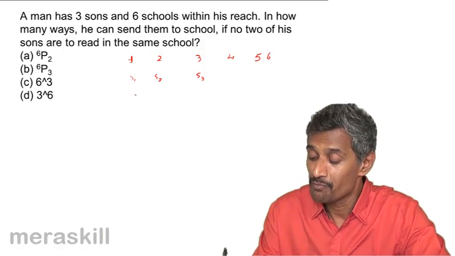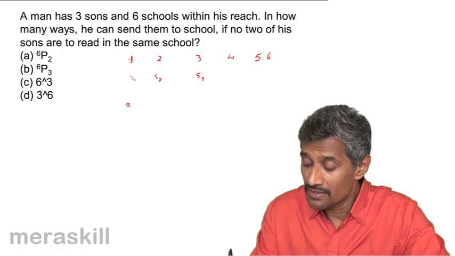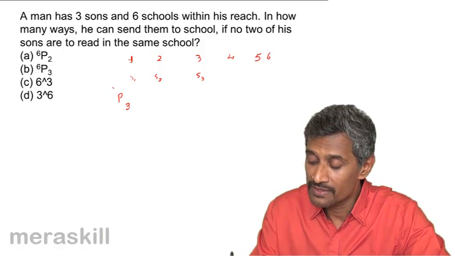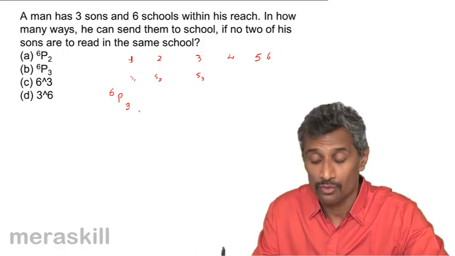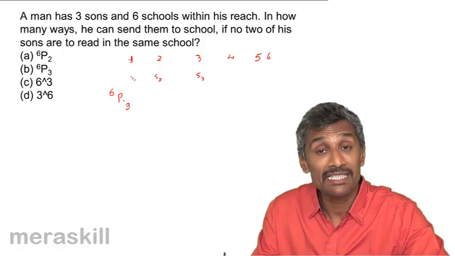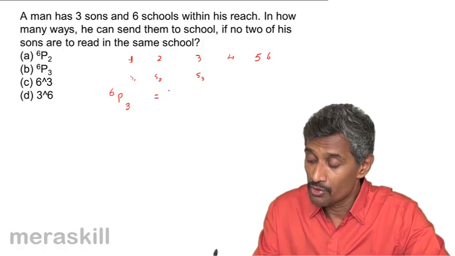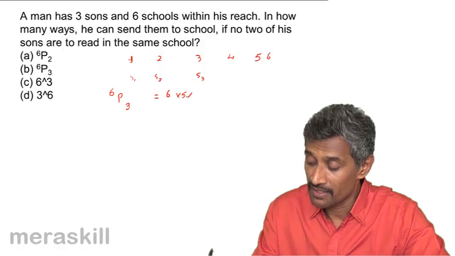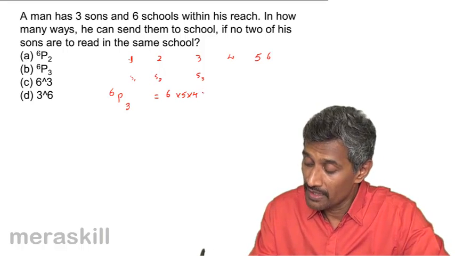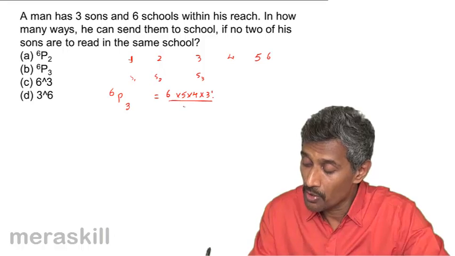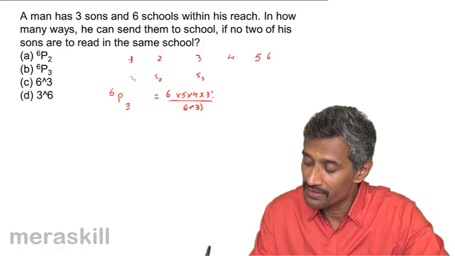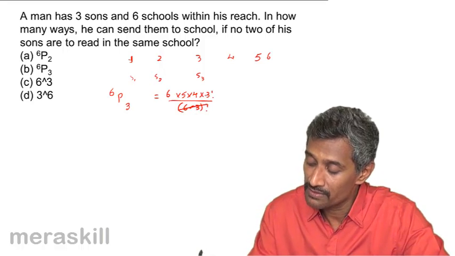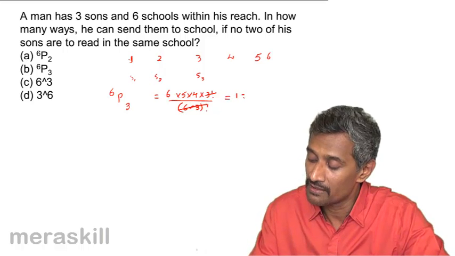So that means you have to select 3 schools out of 6, so that each son goes to one. So it's going to be 6P3, which is going to be 6 into 5 into 4 into 3 factorial upon 6 minus 3 factorial, which is 3 factorial. This gets cancelled. So it's going to be 120.